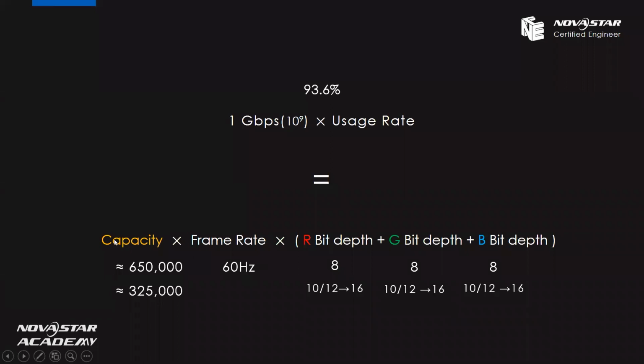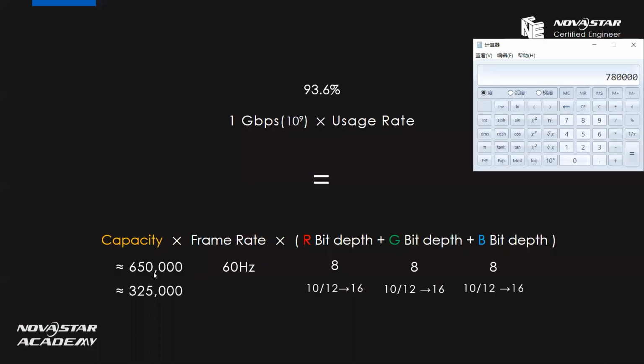And let's see the capacity. Here, 1 gigabits, then 93.6, divided by 60 Hertz.